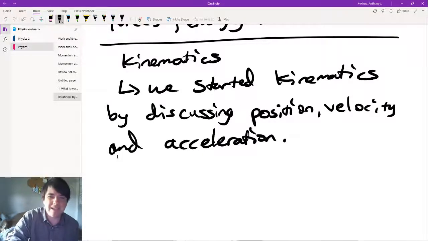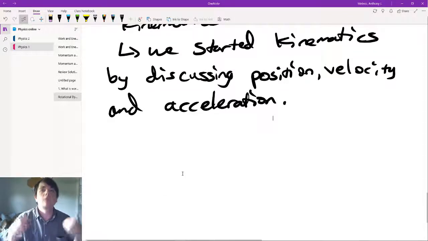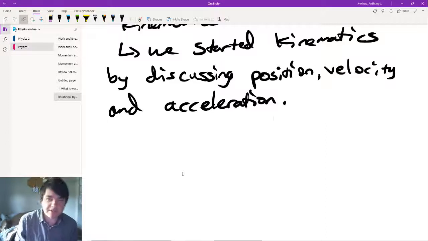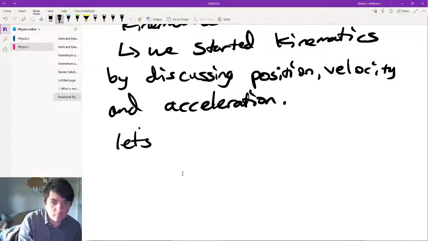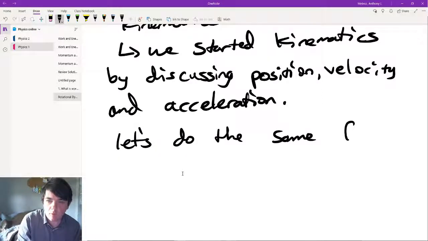And so we're going to do the same thing here, but we're going to do it for rotational position, rotational velocity, and rotational acceleration for rotation.